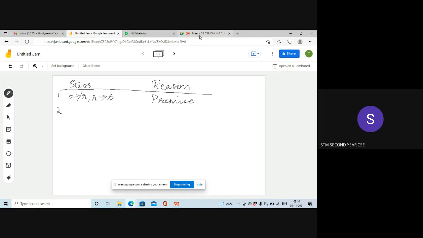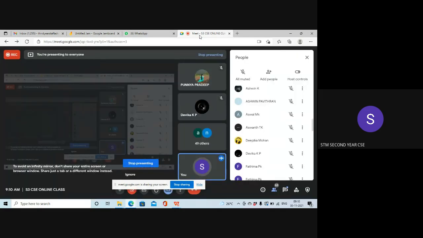Can you say which rule can be applied to that premise? P implies R, R implies S, then it implies? We had studied three rules: modus ponens, law of syllogism, modus tollens. Out of these three, which rule can you apply to that step?